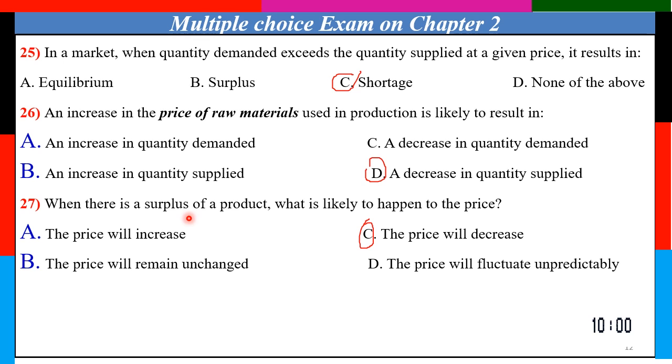They compete with each other by cutting the price. During the surplus, the sellers compete by decreasing the price. Therefore, this situation may happen.